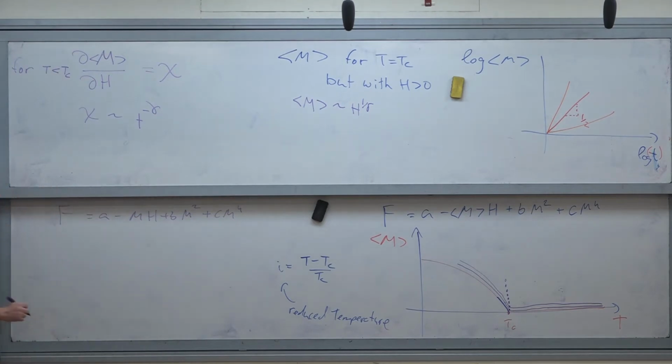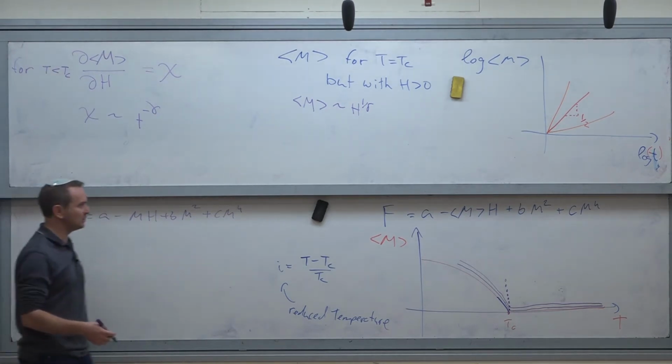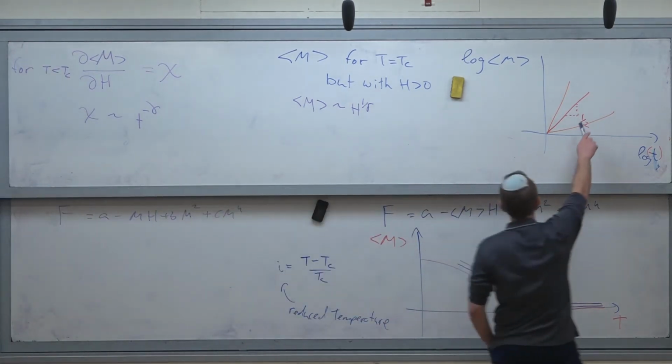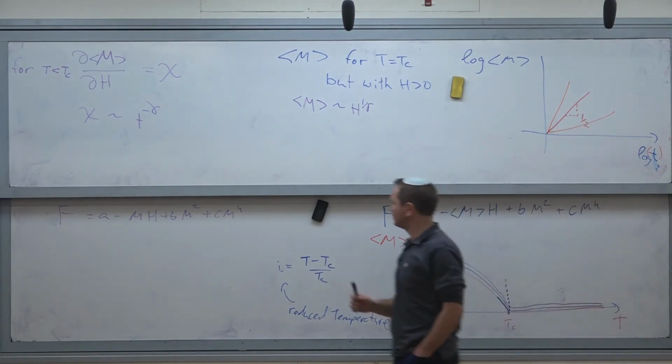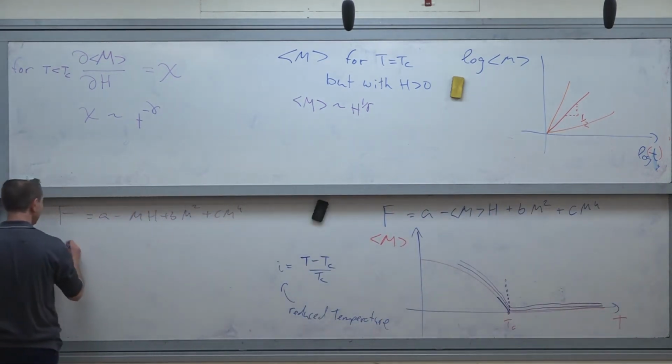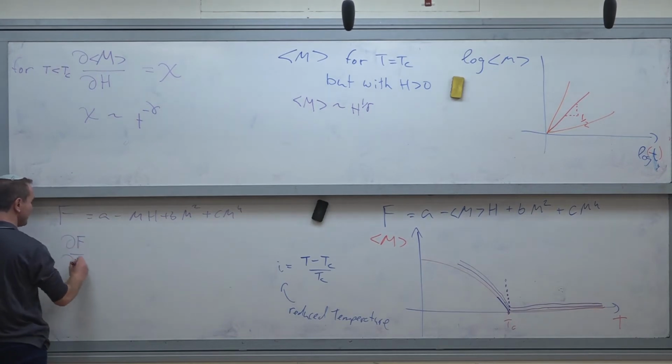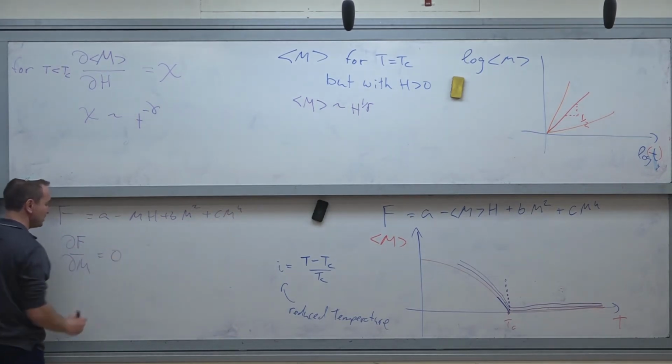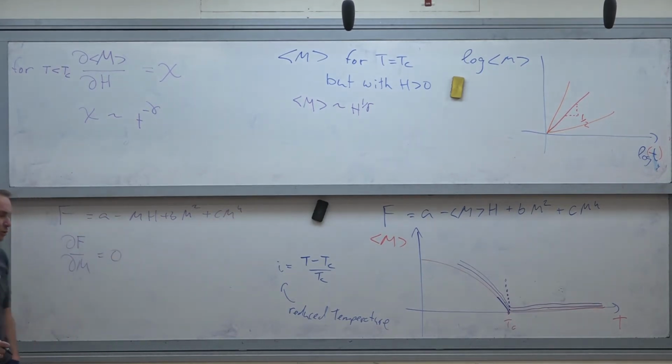Now, the next step that we took in order to compute this 1/2 behavior was to take the derivative of F with respect to m and solve for the solutions when this derivative is equal to 0, which is the equilibrium state.